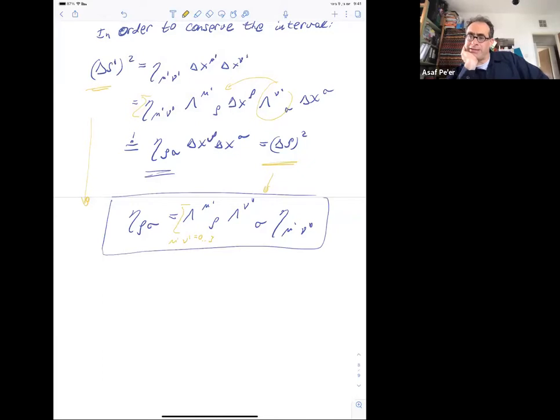So we have a total of 16 equations, each with 16 terms. And a matrix that fulfills all these equations is a Lorentz transformation.